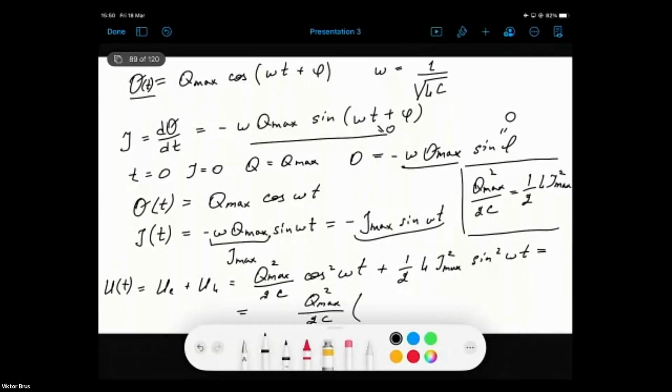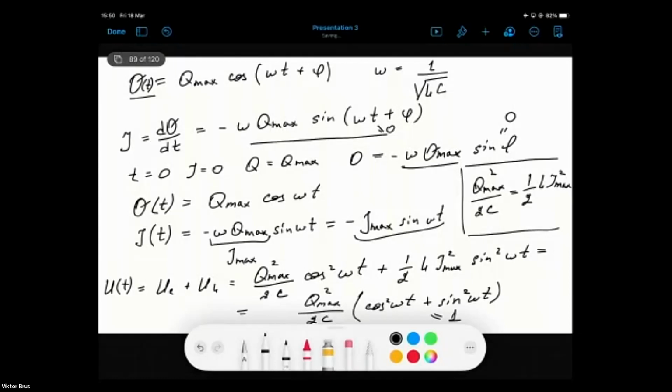And here it will be cosinus square omega t plus sinus square omega t. And the expression in the parentheses is equal to unity.